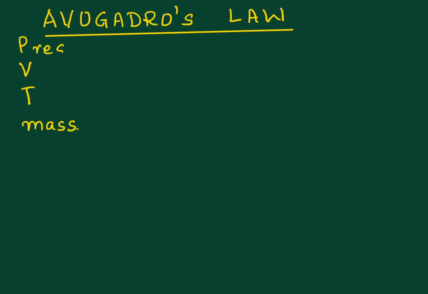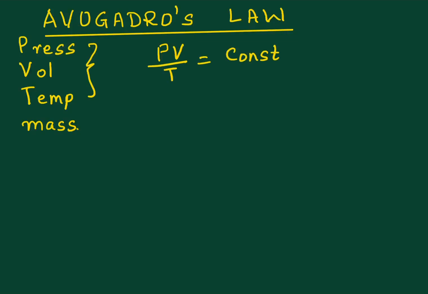Till now, we've been very kind to pressure, volume, and temperature, and they have already struck a nice bond with each other, right? All the while, we have been asking mass to keep silent. But now mass says, no, I'm not going to stay silent. I also want to be a part of this beautiful relationship.